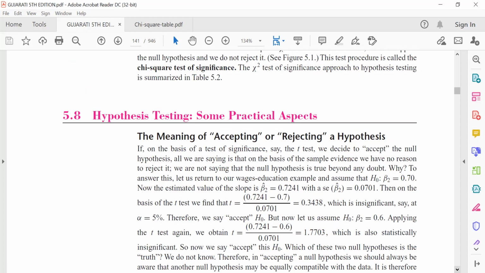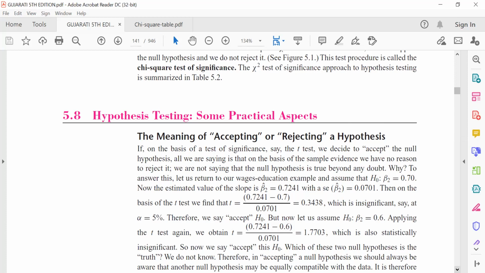Why? To answer that, return to our wage education example and assume that the null is beta 2 equal to 0.7. The estimated value of the slope is 0.7241 with a standard error of beta 2 equal to 0.0701.